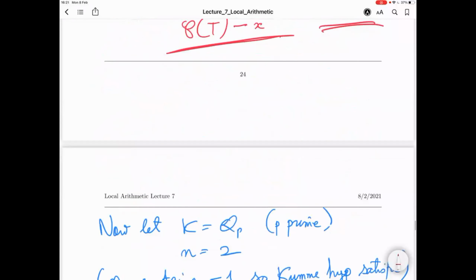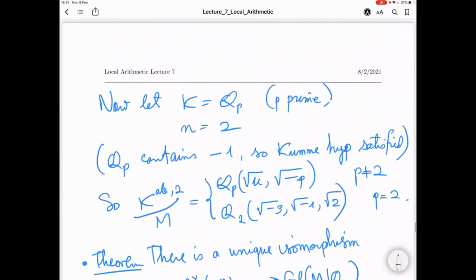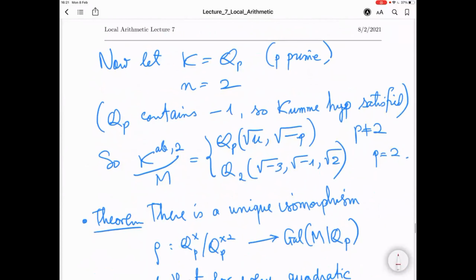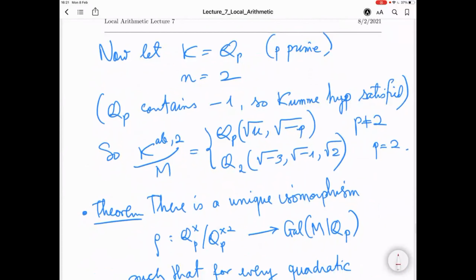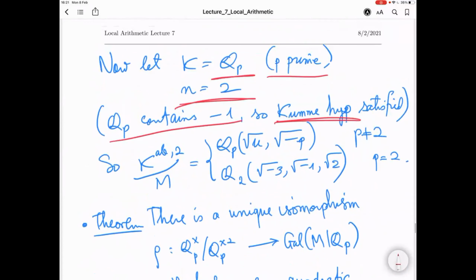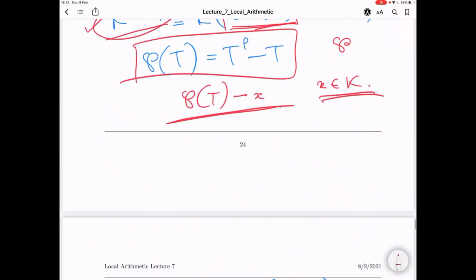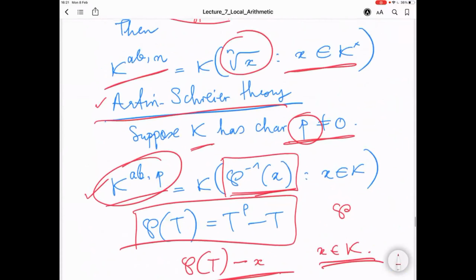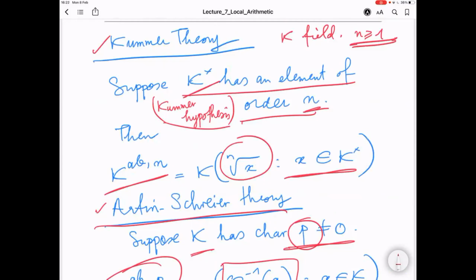Now let's come back to our local fields Q_p, where p is a prime, and let's take n equal to 2. This satisfies the Kummer hypothesis because Q_p contains -1. The Kummer hypothesis requires K* to have an element of order n.